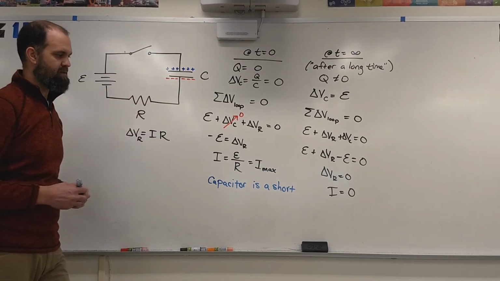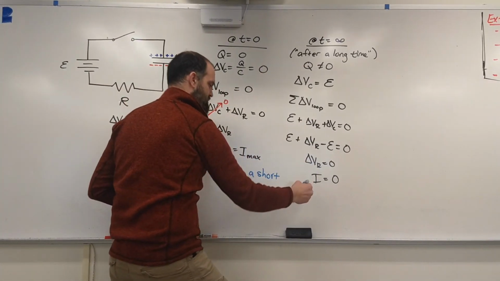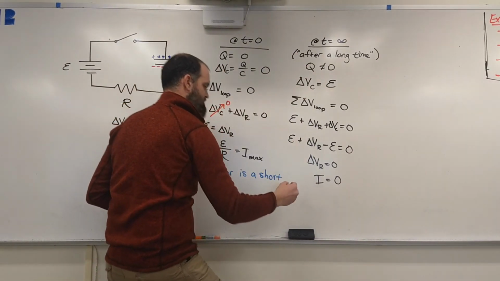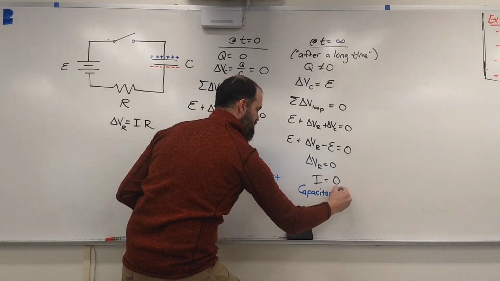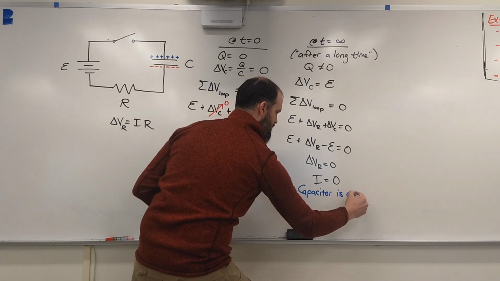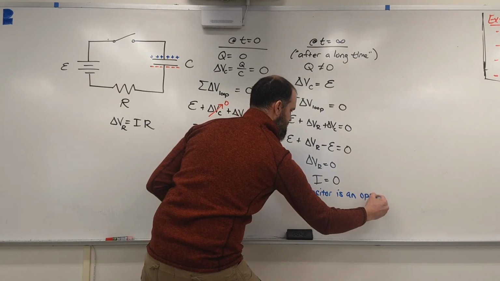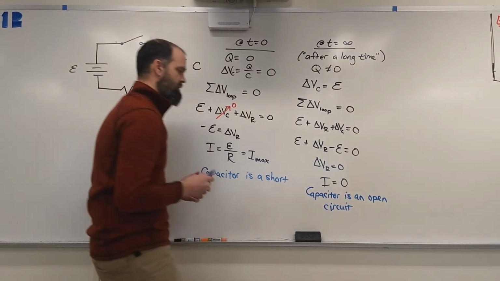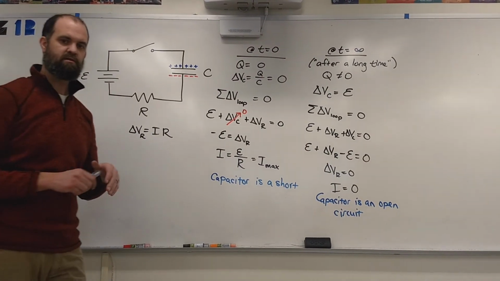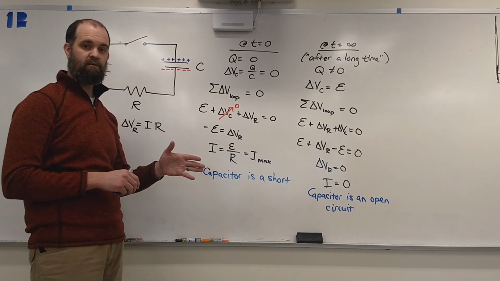And so at time equals infinity with a fully charged capacitor, the capacitor is an open circuit, or behaves like an open switch. It goes from being a short to being open, a break.